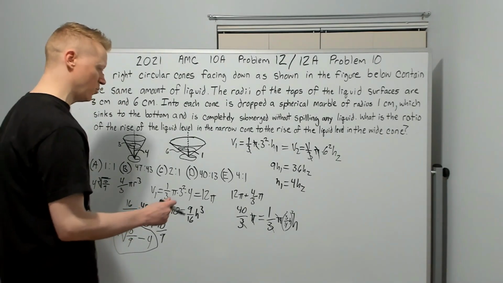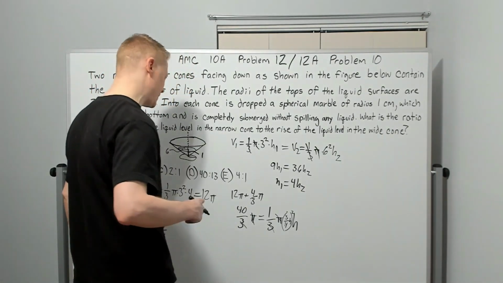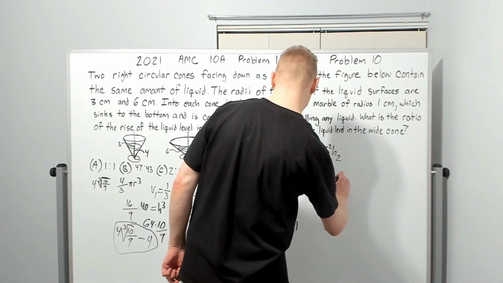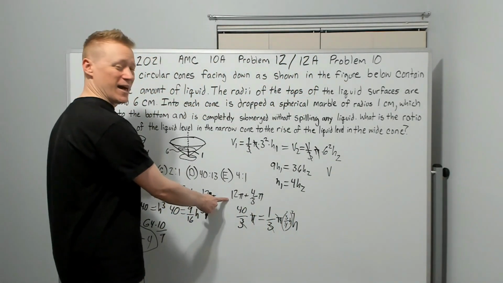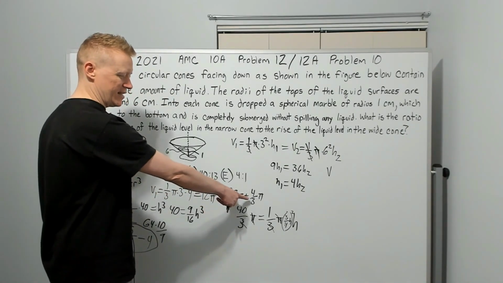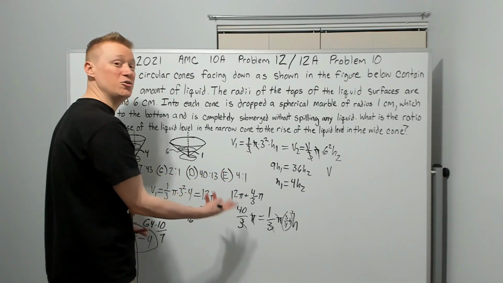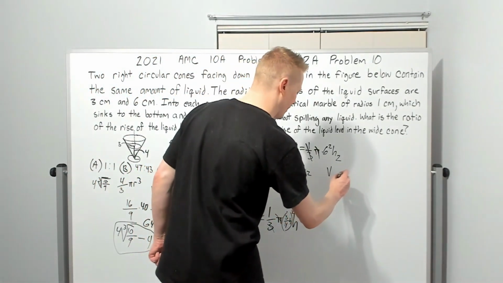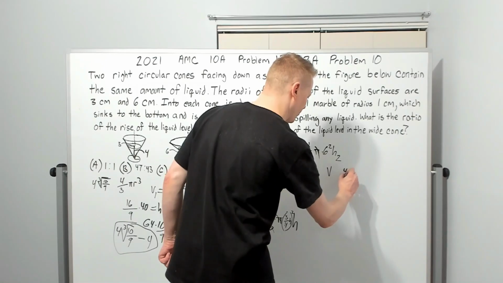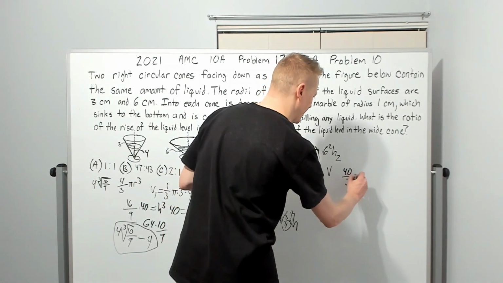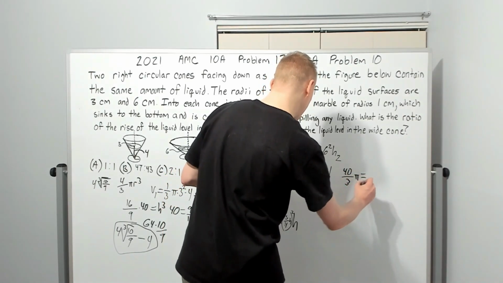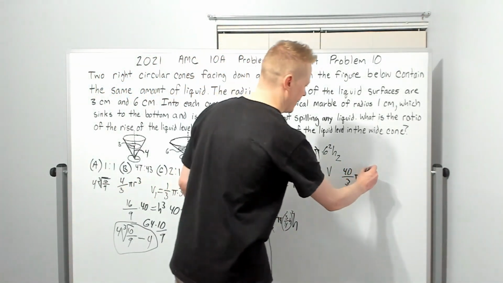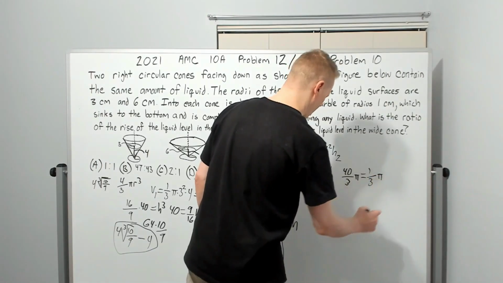Now, the second one's height, it's going to be the volume 2. It also had the same volume, actually, right? And so when you added the marble, it's the exact same new volume, if you will. So it's 40 over 3 pi as well. And you're going to have 40 over 3 pi equal to 1/3 pi r squared h.